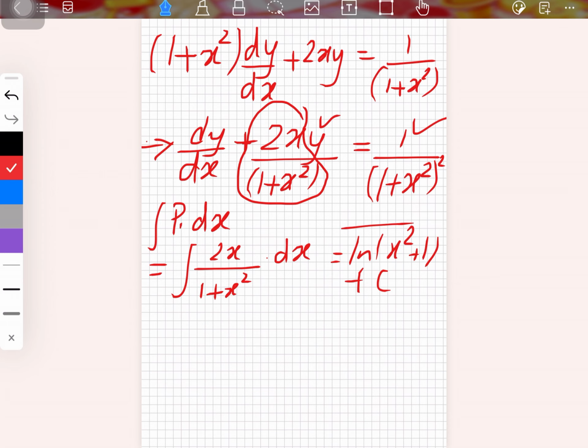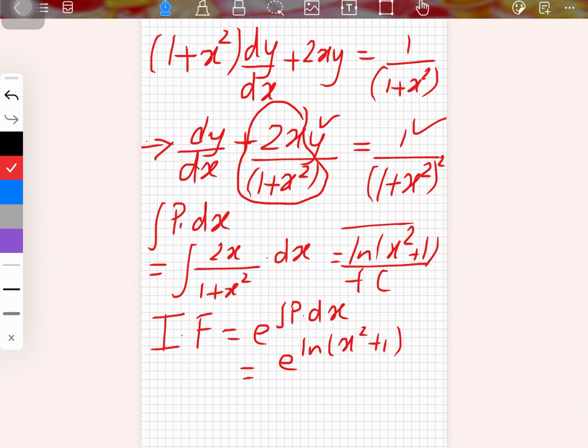So now the integrating factor is equal to e to the power integration of p. So the integrating factor for this question is e to the power ln of x square plus 1.